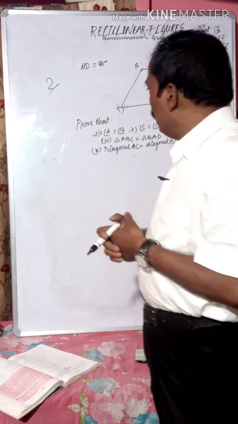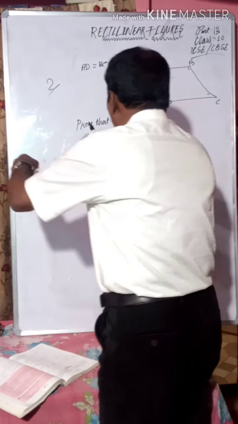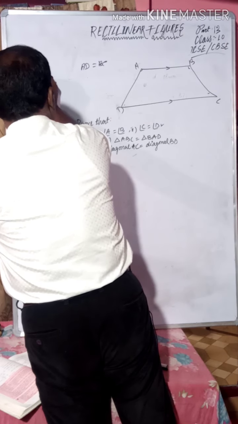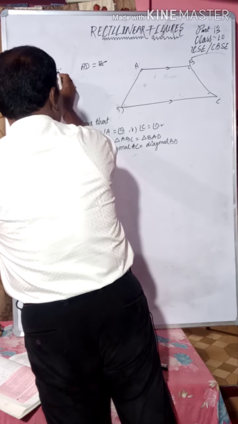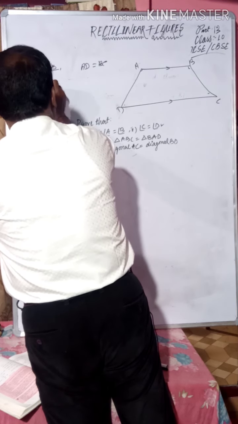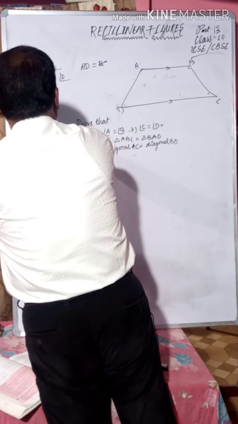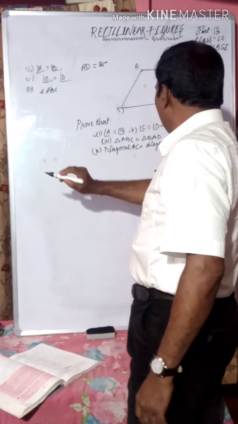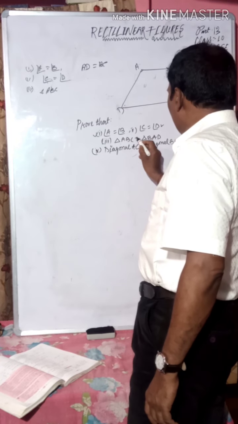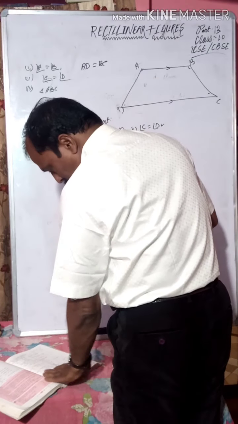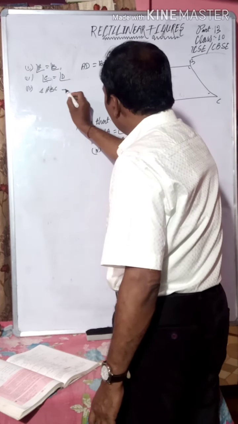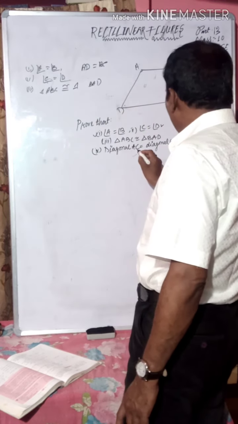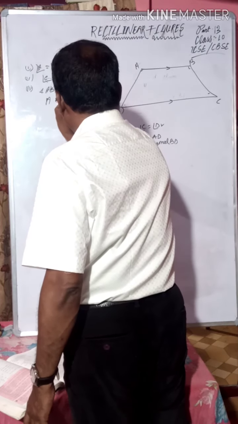Now look how we can prove angle A is equal to angle B. I write on this side: number I, angle A is equal to angle B; number II, angle C is equal to angle D; number III, triangle ABC is congruent to triangle BAD, so diagonal AC is equal to diagonal BD.